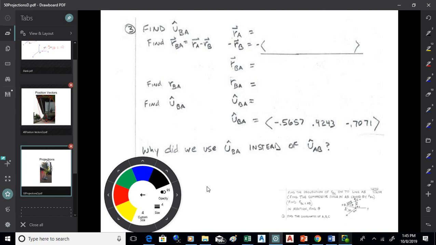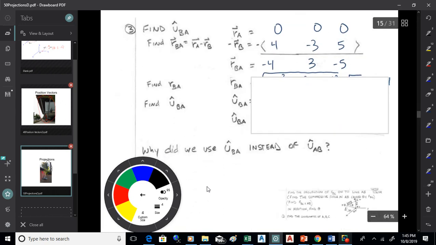Just take A minus B and you'll get BA. I think that's minus 4, 3, negative 5. And find its magnitude and divide through by it. You'll get the unit vector.